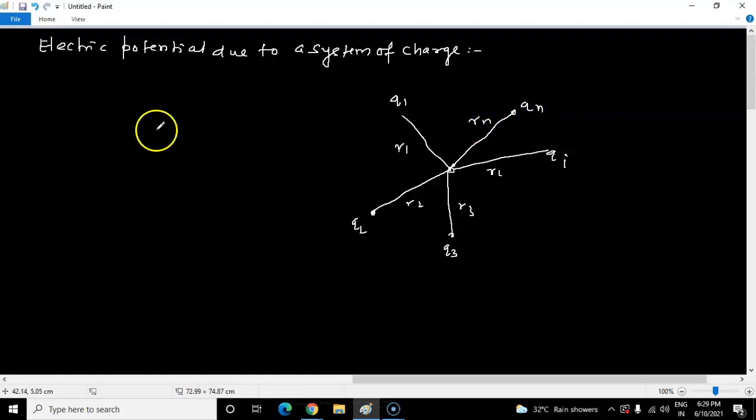So here we have so many charges, Q1, Q2, and so on, Qn, lying at distances R1, R2, and so on, Rn from the point P. Now we have to find the electrostatic potential at point P due to these charges.